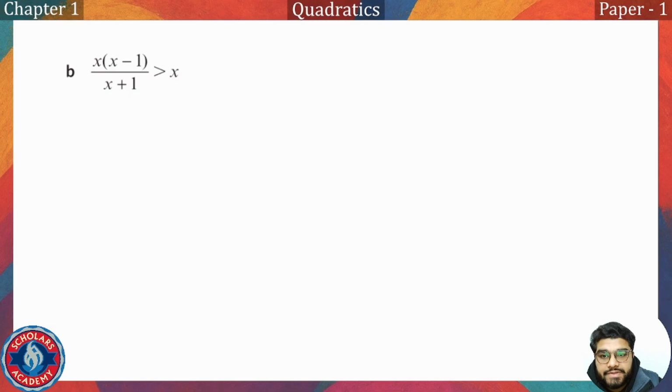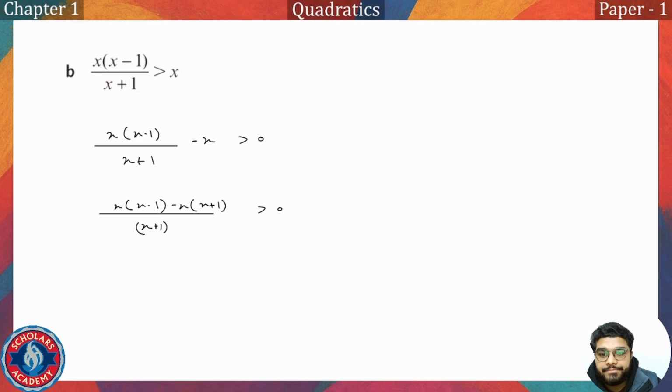Let's simplify it first of all. So (x plus 1)/x minus (x minus 1)/(x plus 1)... rather, x plus 1 and x minus 1 minus x is greater than 0. Let's take LCM over here. We get x plus 1 in the denominator, and x times (x minus 1) minus x times (x plus 1) is greater than 0.